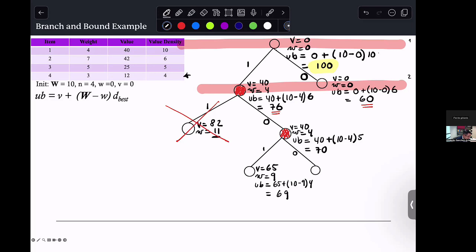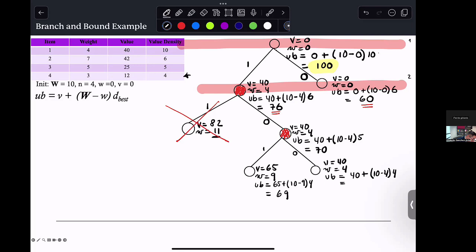But what if I choose not to? Well, then value is going to be 40, W is going to be 4, that doesn't change, but UB is going to change because it's going to be 40 plus 10 minus 4 times the best, which is 4.